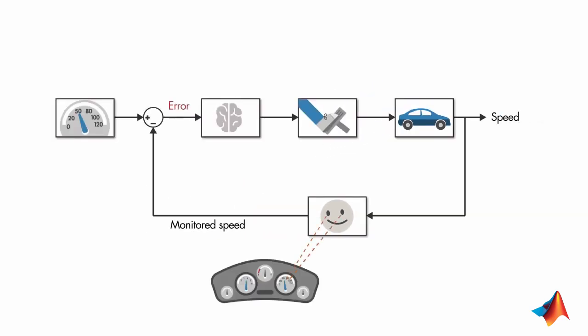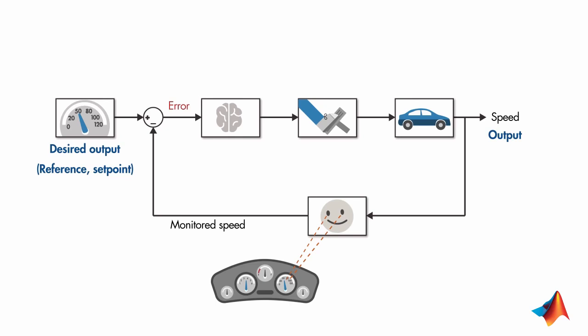Now that we identified the components, let's talk about how they are referred in control theory. In a feedback control system, the goal is to control the output to a desired value, and that value is referred as desired output. Other common terms are reference and set point.